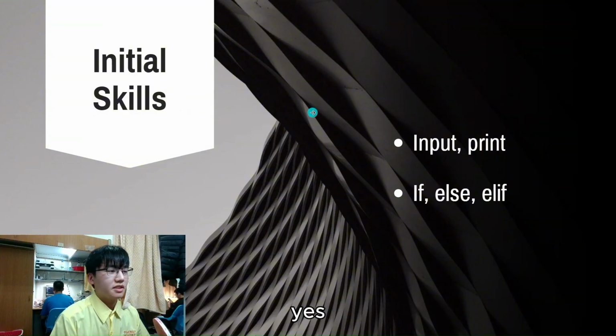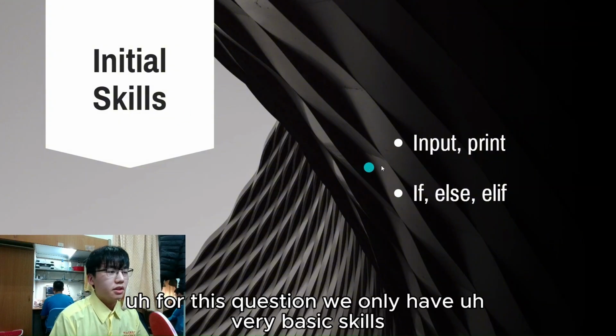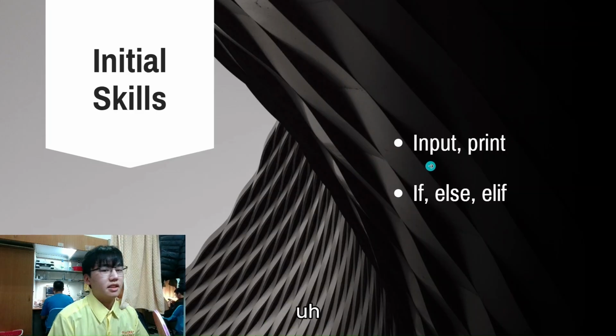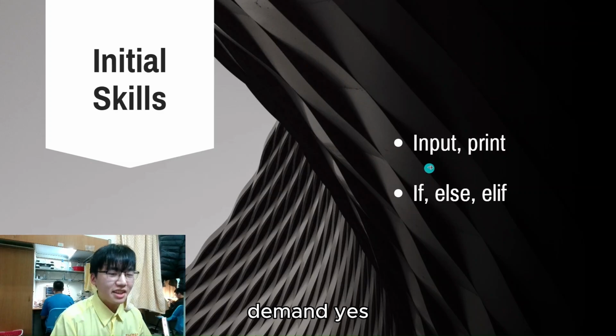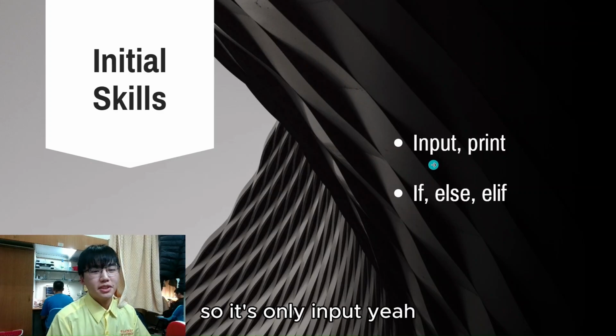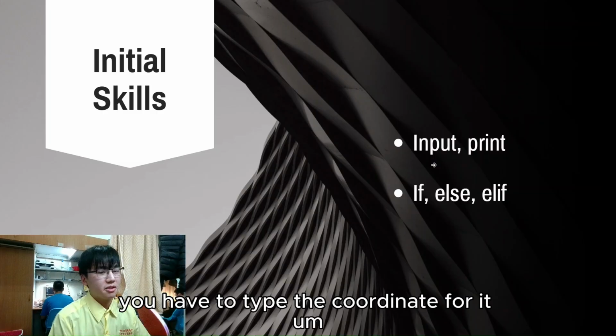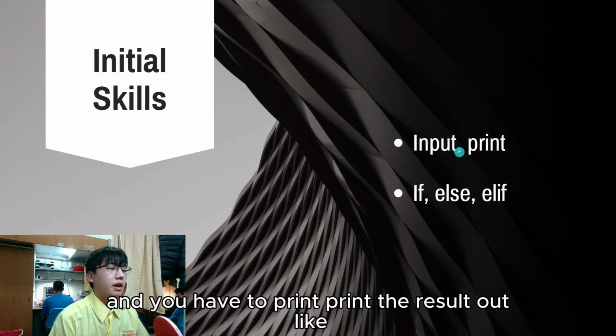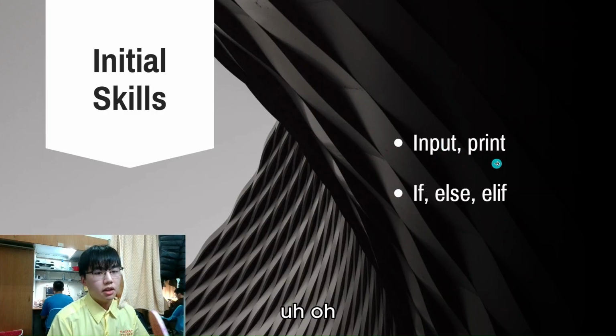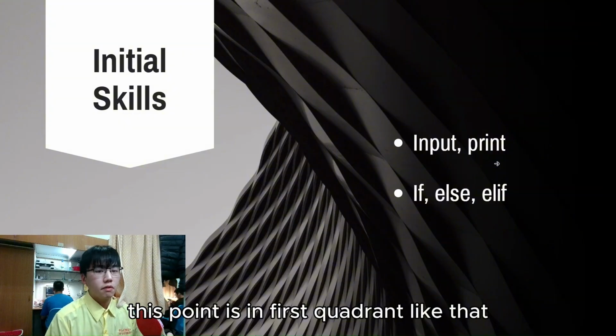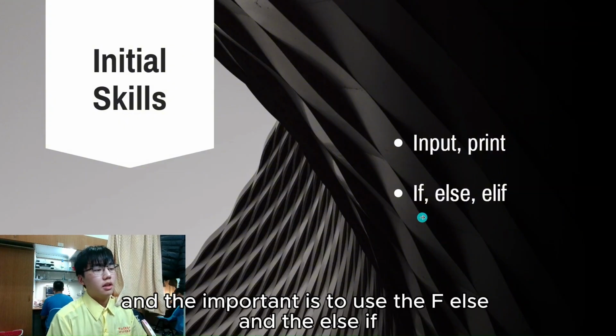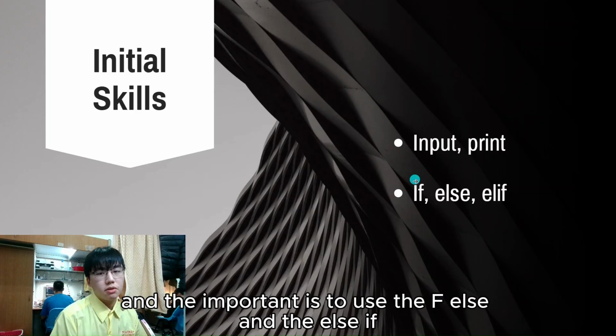the initial skills. For this question we only demand very basic skills. It's only input: you have to type the coordinates, and you have to print the result out, like, this point is in the first quadrant. The important part is to use if, else, and else if.